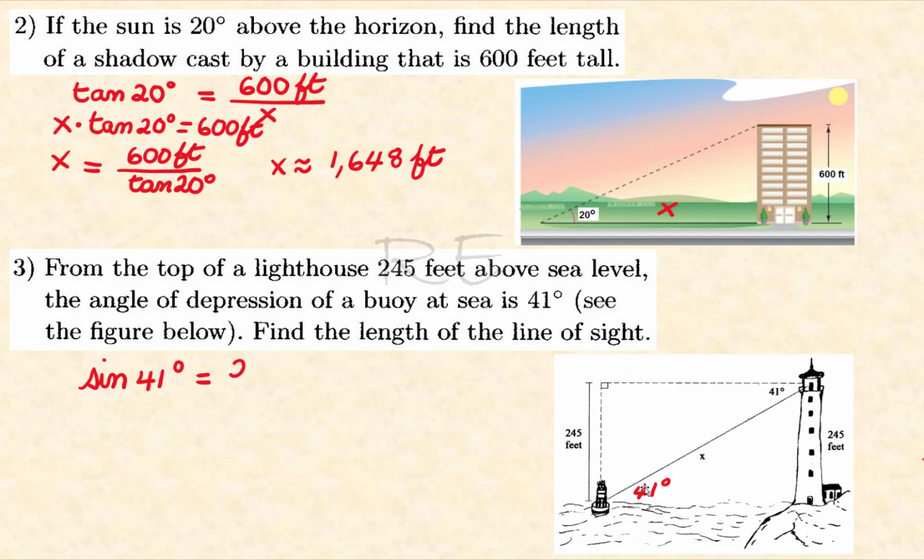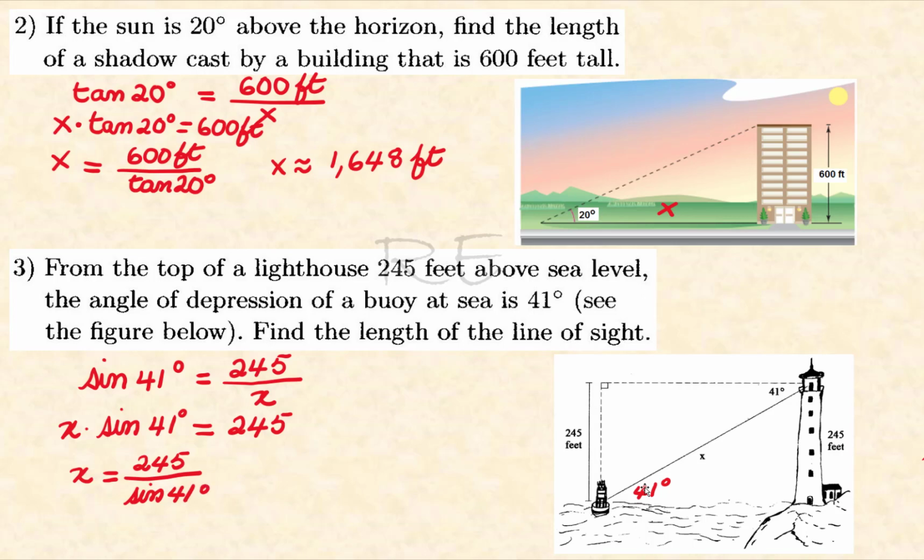So sine 41 is equal to 245 divided by x. So x sine 41 is equal to 245, and x is equal to 245 feet divided by sine 41 degrees.